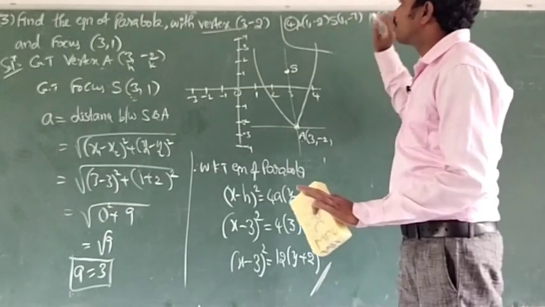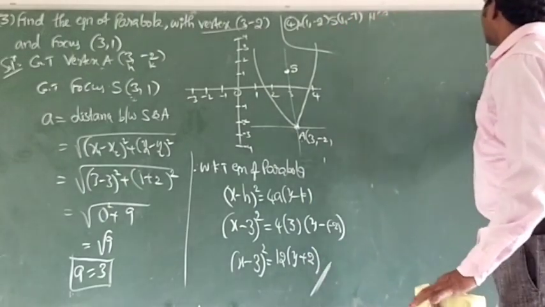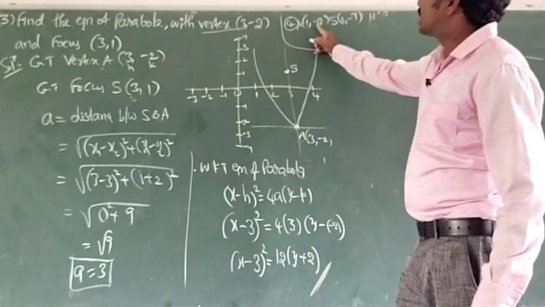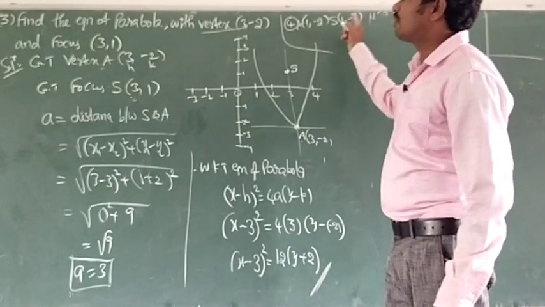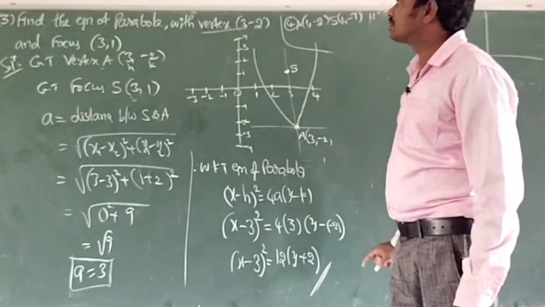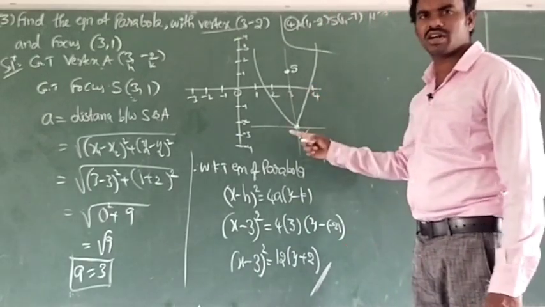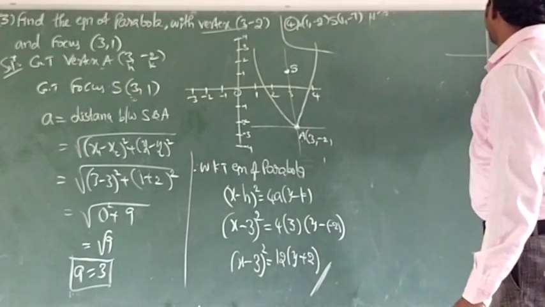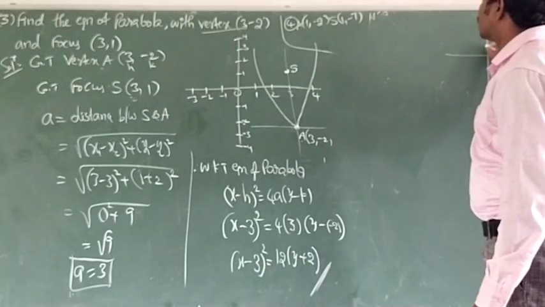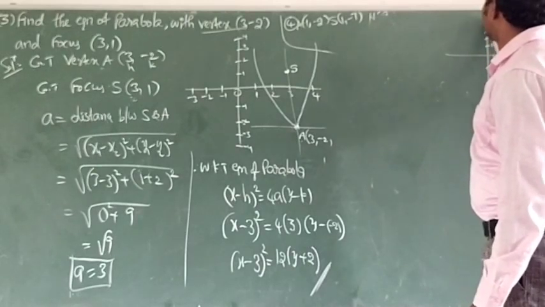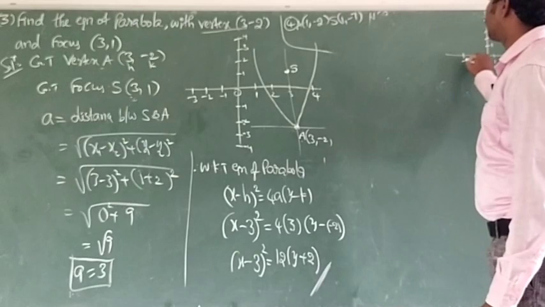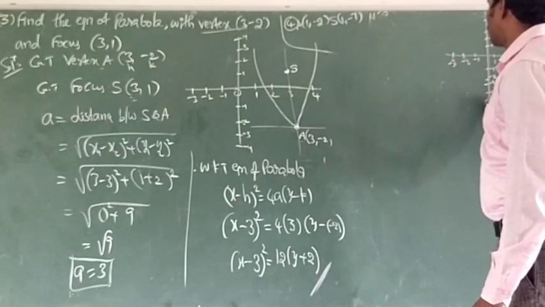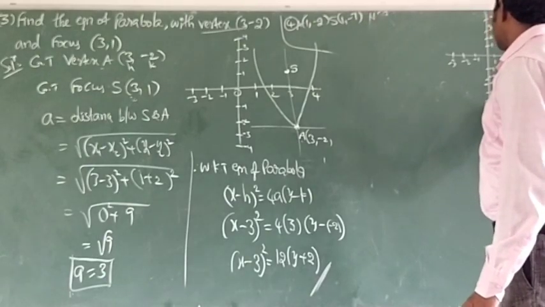Okay, same. First, x-axis, y-axis. The vertex is 1 comma minus 2, and the focus is 1 comma minus 7. Find the equation of the parabola. Note down: 1 2 3 4 5, minus 1 minus 2 minus 3 minus 4 minus 5 minus 6 minus 7.